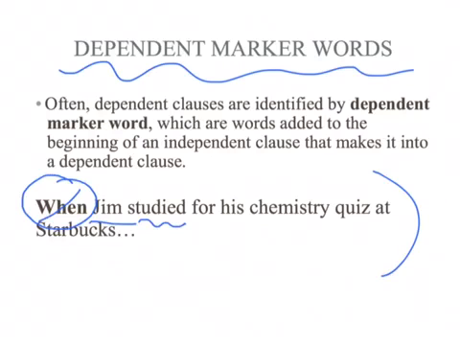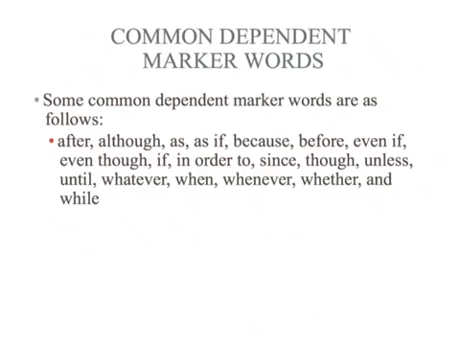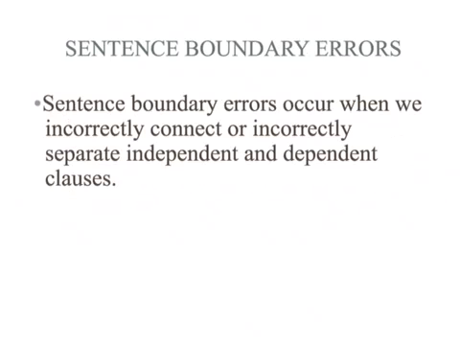If we remove when, this now becomes an independent clause because we have a subject, Jim, we have a verb, studied, and now it is a complete thought because that dependent marker word has been removed. Here's a list of some of our common dependent marker words. If you see one of these words in your sentence, chances are you have a dependent clause.